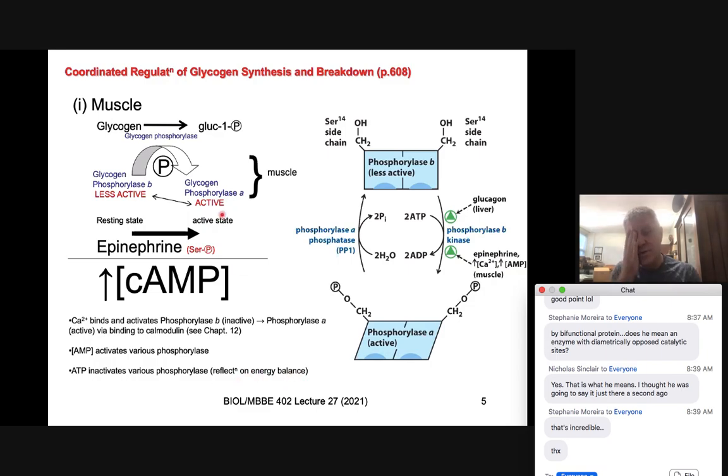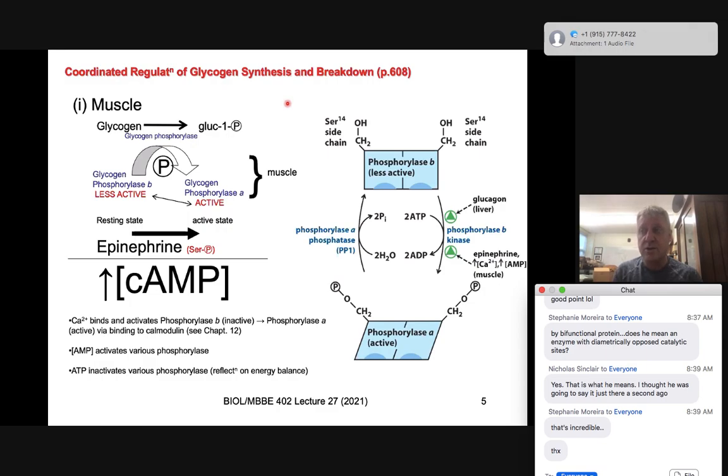We also know ATP inactivates this particular system because it has to have this issue of energy balance. We do not want to produce tons and tons of glucose 1-phosphate if we don't need the energy requirements. We're being futile in regards to our breakdown of our glycogen. So we have to be sensitive in the breakdown of our glycogen in regards to the cell's needs. Because if we don't, we're going to have accumulation of glucose 6-phosphate going through the system, and it's going to be futile.